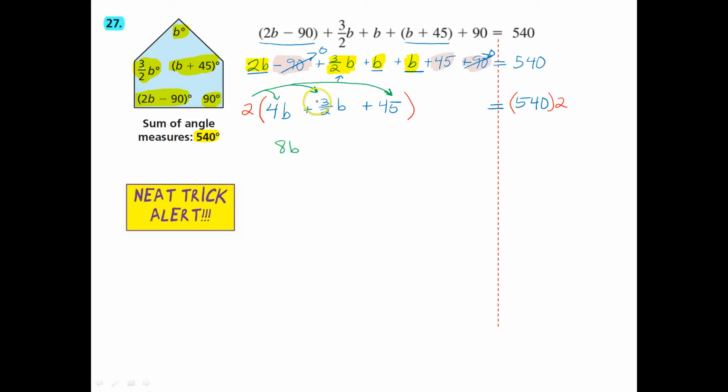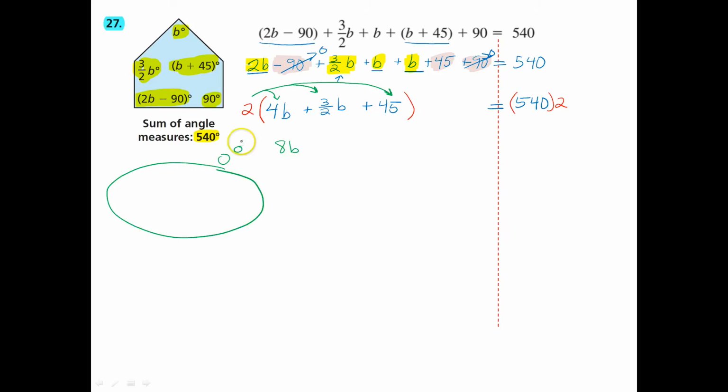And then 2 times 3 over 2b, well, what happens there, thought bubbles, is you do 2 times 3 over 2b, and this 2 is like 2 divided by 1. 2 times 3 is 6, and 1 times 2 is 2, so that's 6 over 2b.